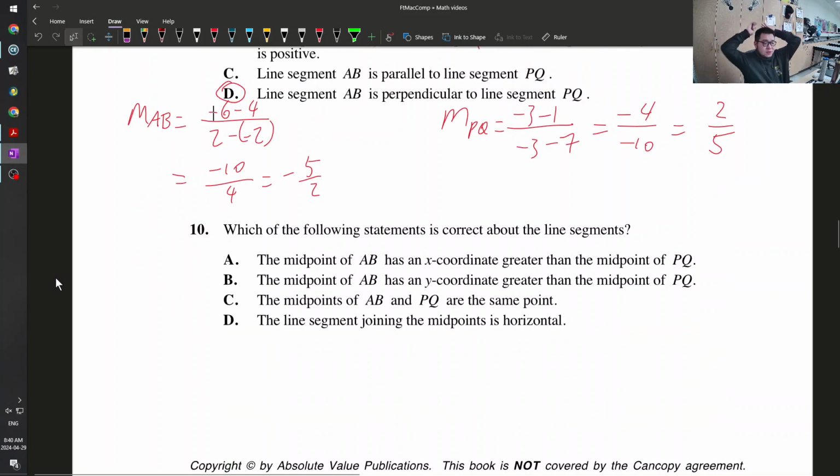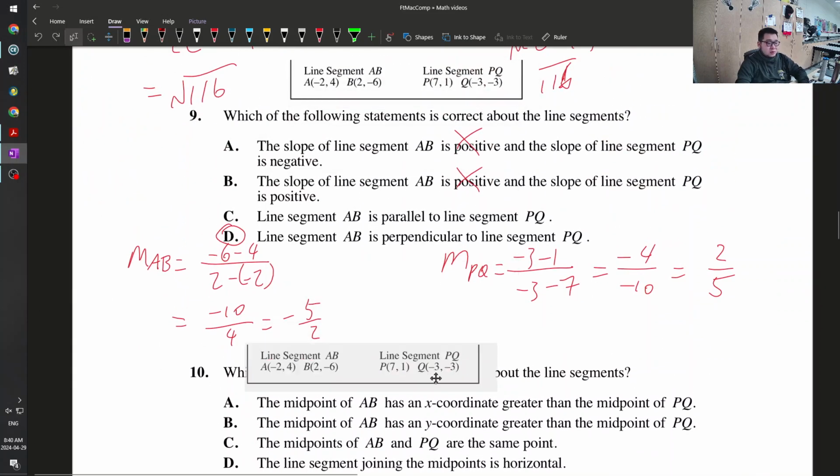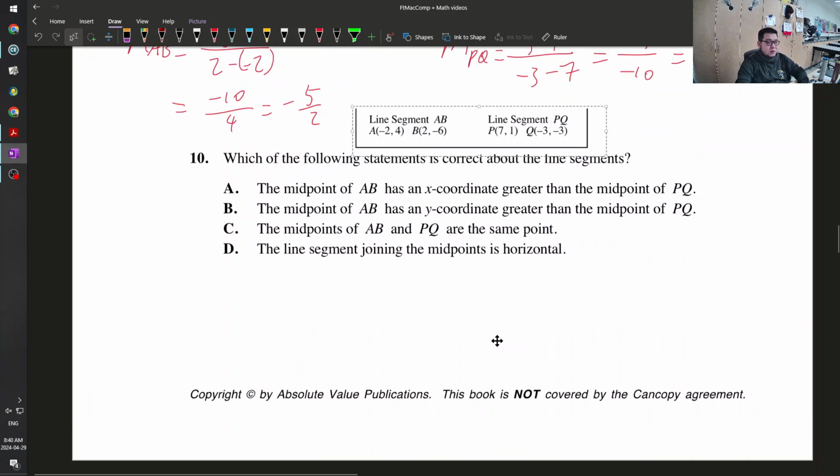10. Which of the following statements is correct about the line segments? The midpoint of AB has an x-coordinate greater than the midpoint of PQ. The line segment joining the midpoints is horizontal. So we have to find the midpoint of each of these two lines. Midpoint is taking the average.